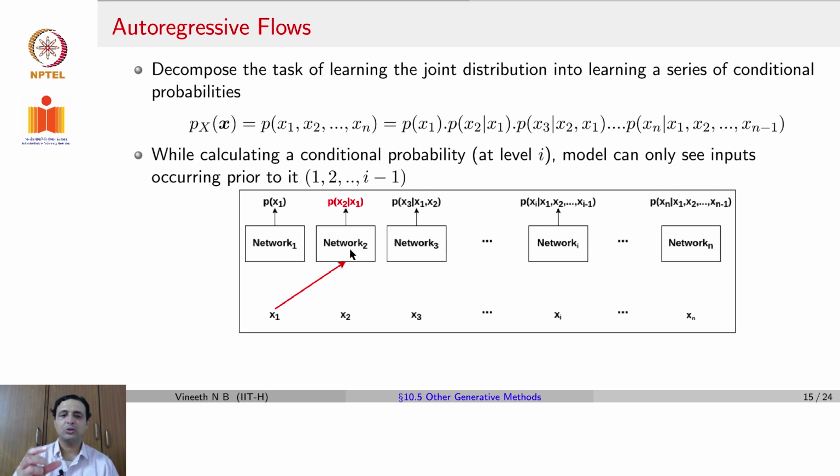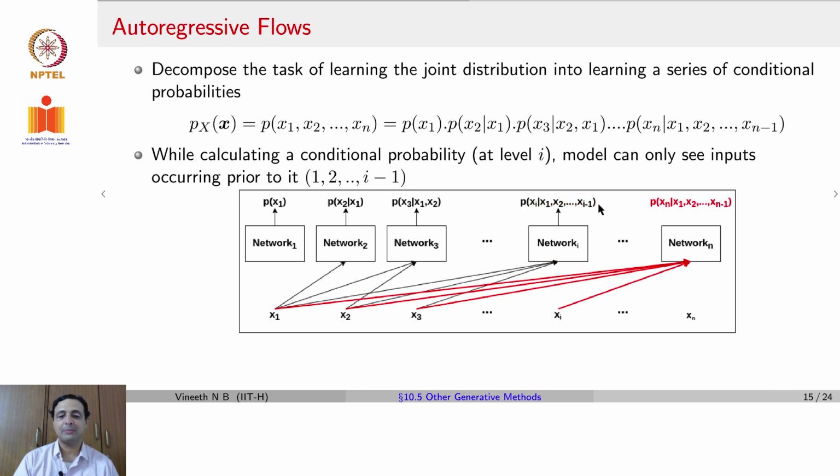Remember that this probability, depending on the values x2 can take, can be learned using a mean square error or cross entropy or any other losses that we've seen so far. x1 and x2 contribute to the third network to learn the probability of x3 given x1, x2, and so forth, for a later xi given x1 to xi minus 1, and finally xn given x1 to xn minus 1.